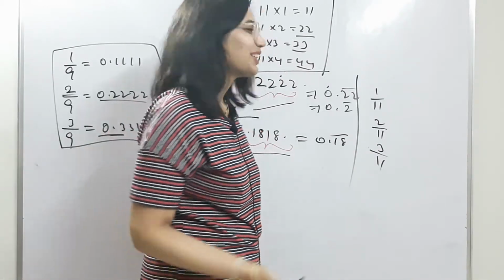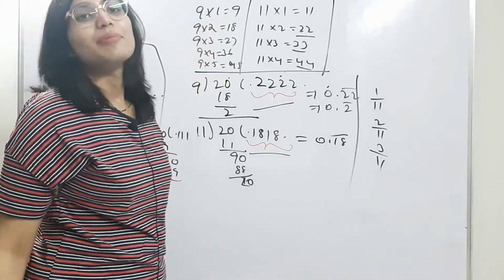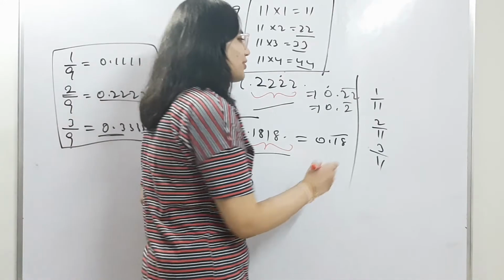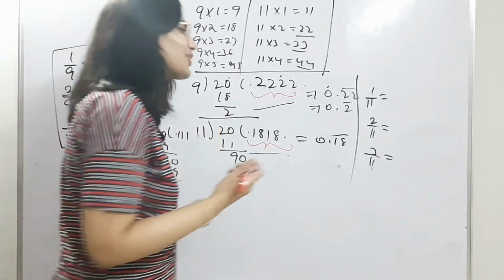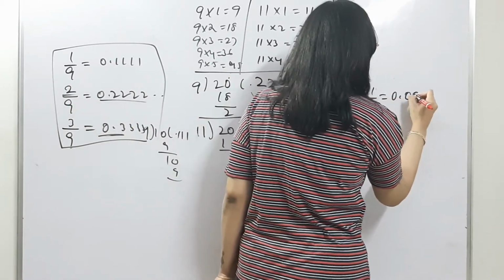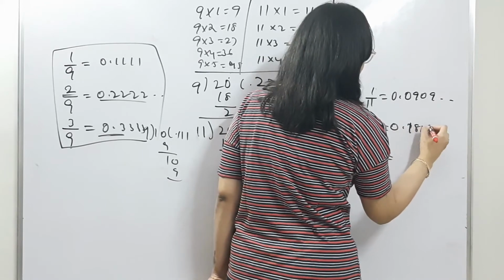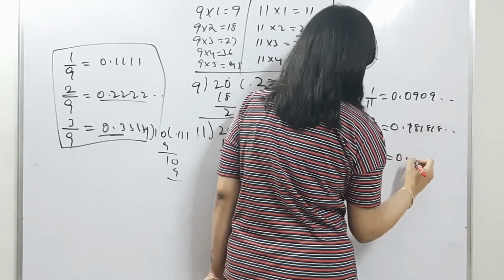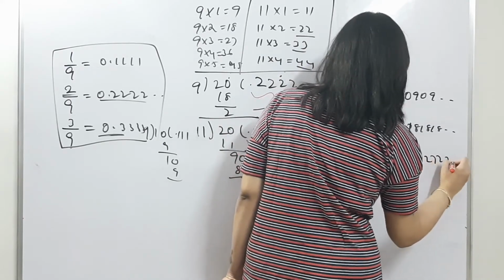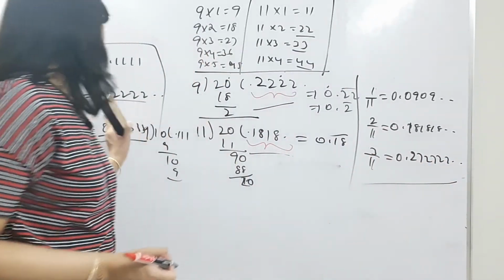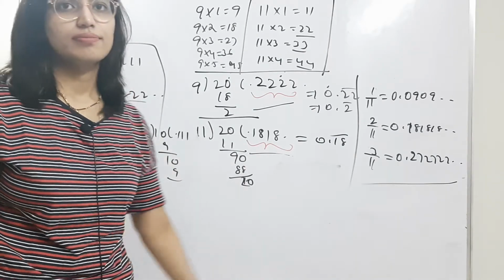You don't have to, because 1 by 11 is nothing but the multiples of 9 in the decimal form. 9 and 11 are interchangeable. That is, for 9 we use 11 table, for 11 you can use 9 table. We'll get this. And for 2 we'll get what? 9 2s are 18. So you get 0.18, it's not terminating for sure. So these are the values of 1 by 11, 2 by 11, 3 by 11. It's just the opposite. Okay.